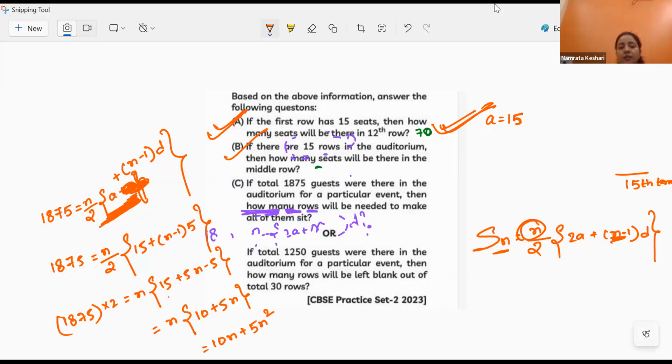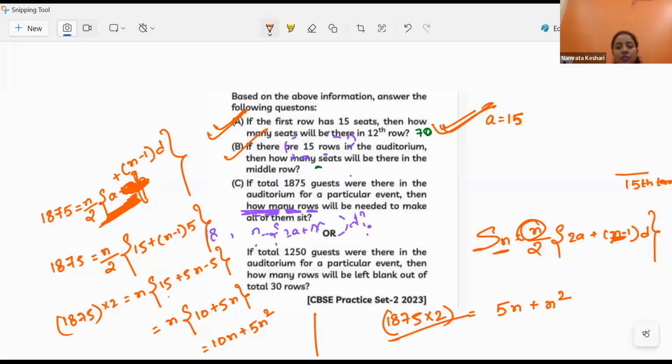We are getting 10n plus 5n square, but still I can see we can take 5 out common, right? Multiplication is huge. Multiplication will not take time, but splitting will take time. That's why I'm keeping it like this. 10n plus 5n square, I'm writing as 5 into 5n plus n square. Making sense?